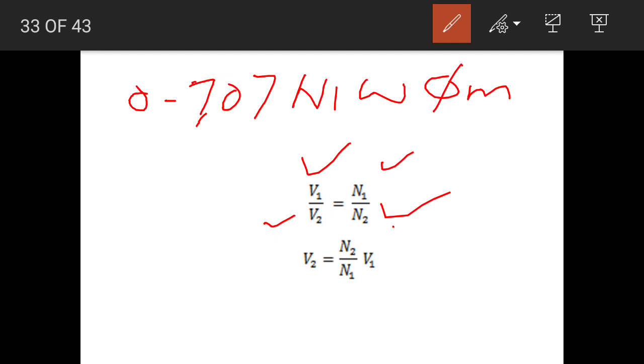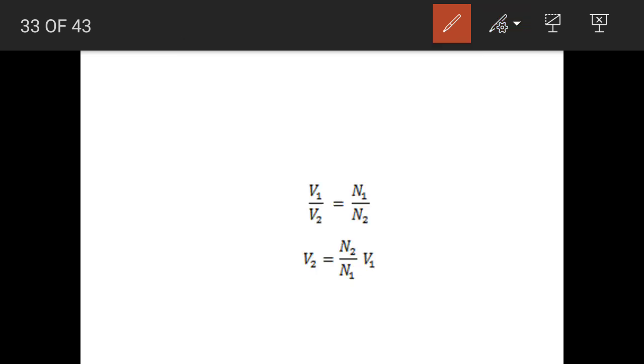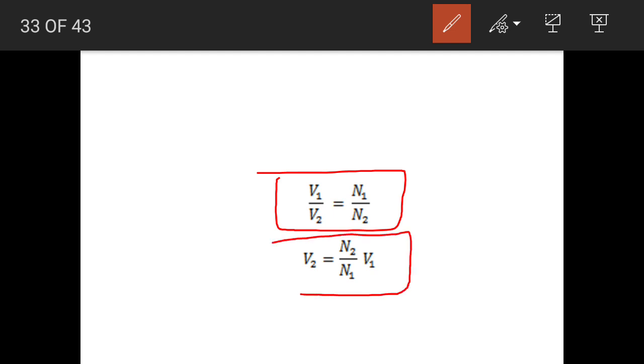Similarly, V2 is 0.707 N2 omega, and then we have the maximum flux. So you see, if we divide V1 by V2, we will get N1 by N2. So V1 by V2 will be equal to N1 by N2, and V2 will be equal to N2 by N1 into V1.